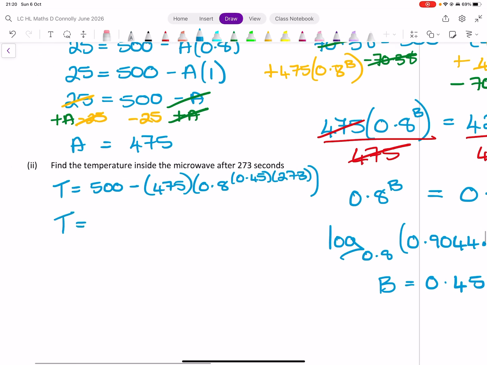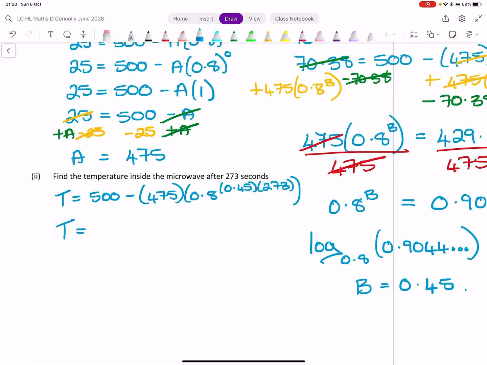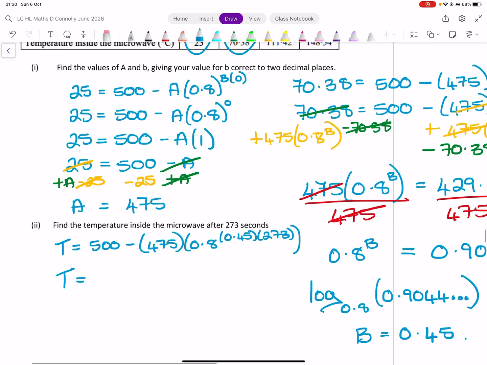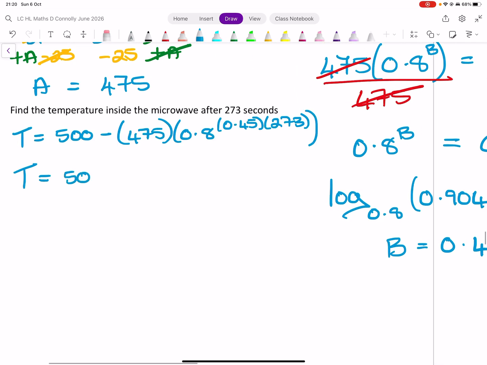So that should just go straight in. God, I'm getting 500 degrees Celsius.